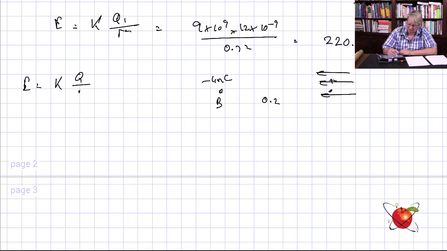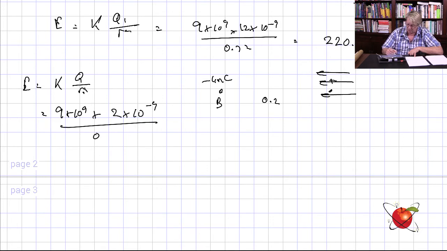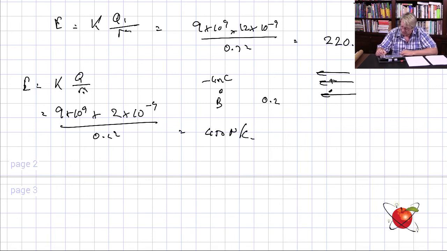KQ over R squared is 9 times 10 to the 9 times 2 times 10 to the minus 9 over 0.2 squared, and that gives us 450 newtons per coulomb. So we've got E equal to 450 newtons per coulomb that way.